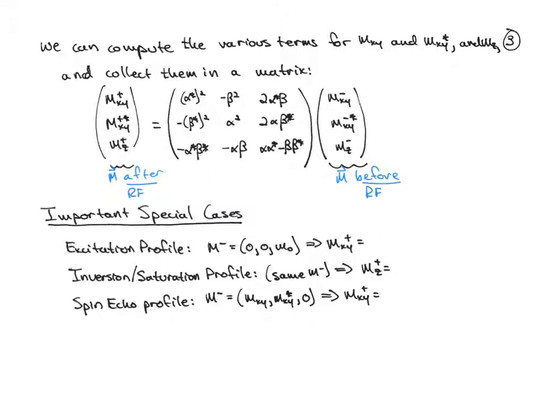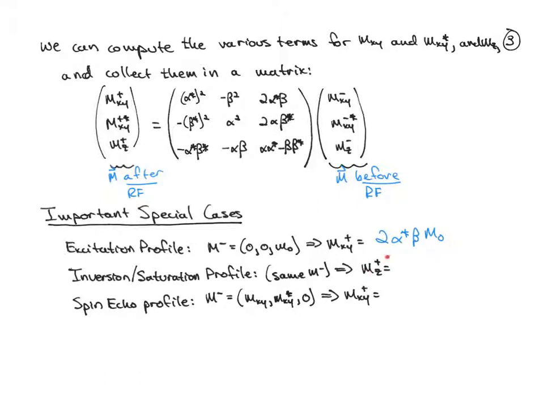So we have some important special cases here that we're going to use in SLR pulse design. The first is the excitation profile, which we showed earlier is equal to 2 times alpha conjugate beta conjugate. You also have to consider the initial longitudinal magnetization here, but really, if you're designing a pulse, you don't think about that. But technically, M naught is there.